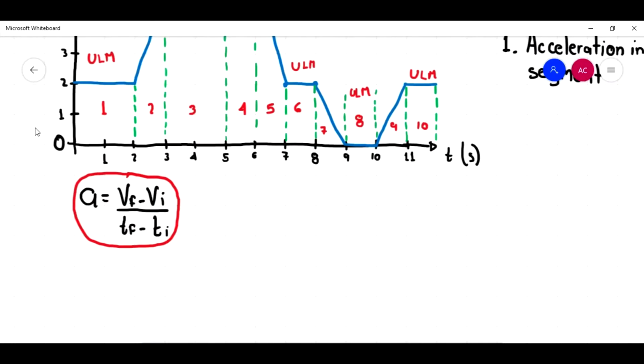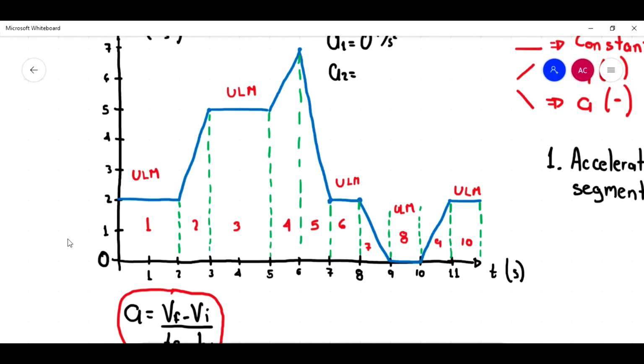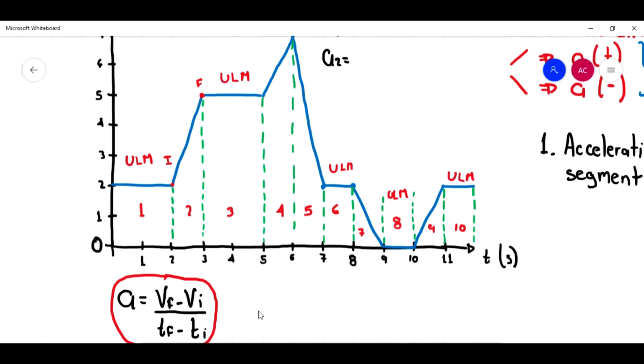Every segment has 2 points, final point and initial point. This is the final and this is the initial. So I'm going to substitute the values here for segment number 2. The velocity for the final point of the segment number 2 is 5 meters per second.